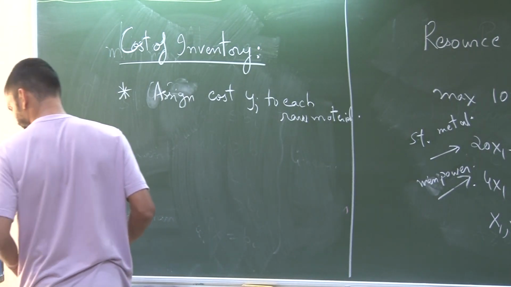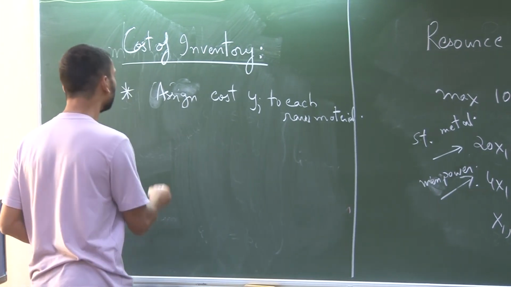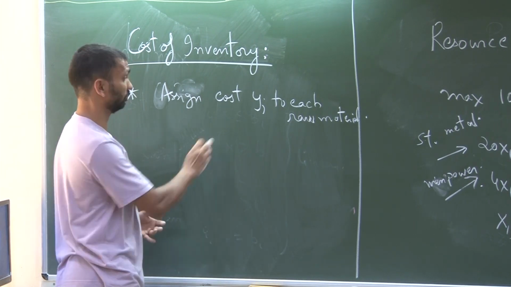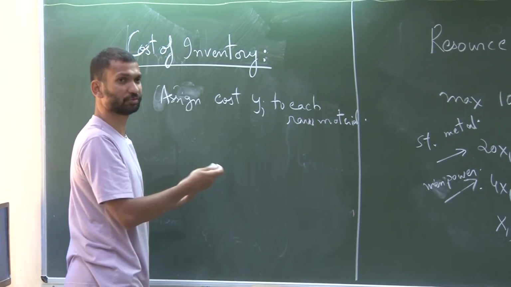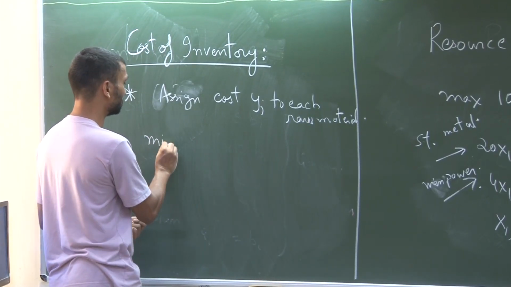And when you do it, what will be the cost of your inventory? If Yj is the cost of each raw material of one unit, you want to minimize.